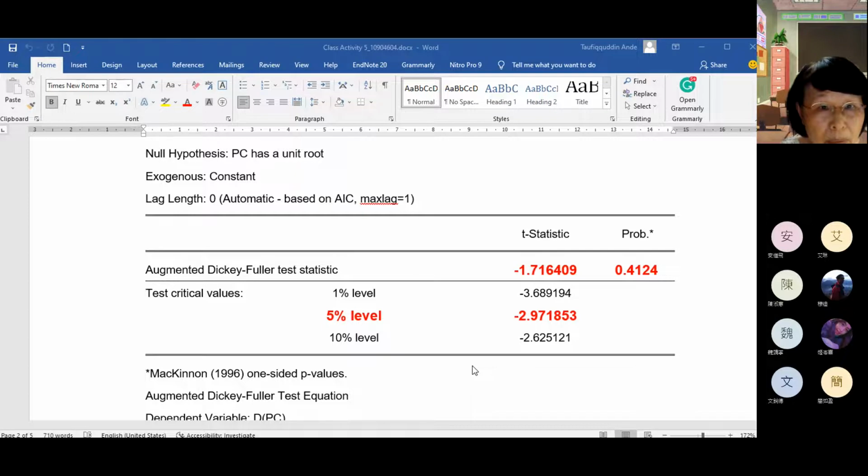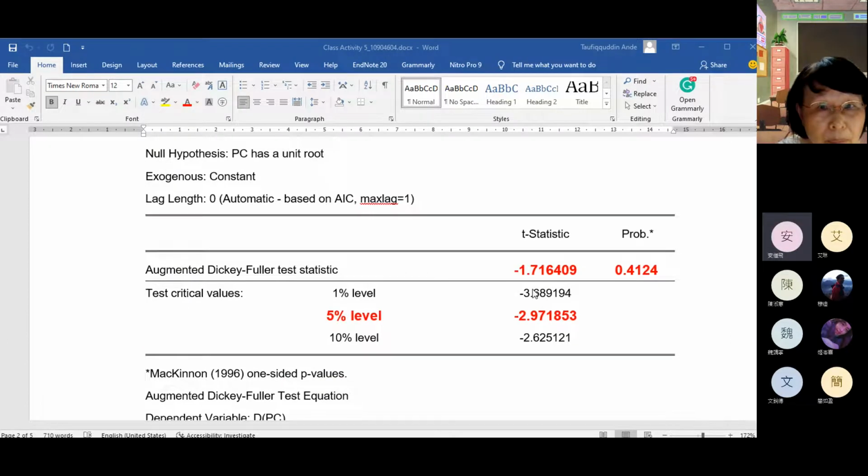How many observations do we have for this one? I think we have the same observations, right? So the critical value, let me see. Are the two critical values the same? Different. 2.97, they're a little bit different.